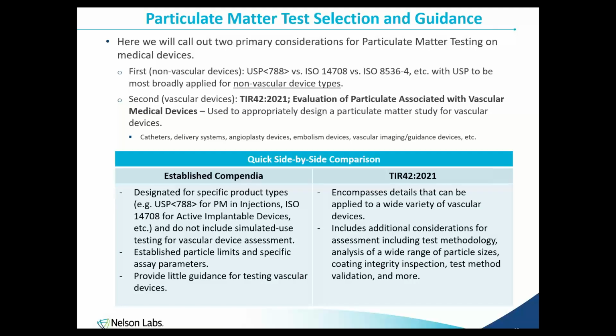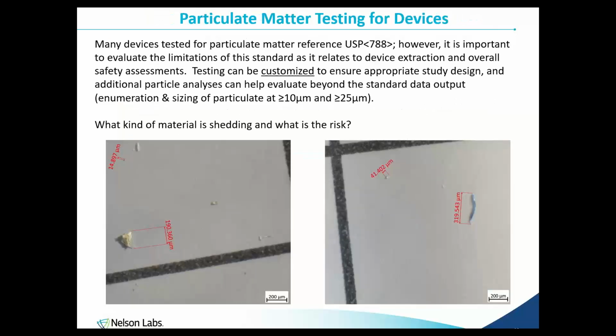If we go to the next slide, again, this is a snapshot to help provide a reason why moving outside of method compendia and into TIR 42 for a vascular device is important. TIR 42 still allows for a lot of customization when it comes to your test method.